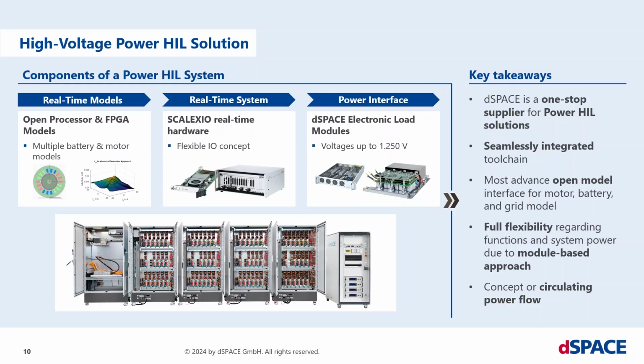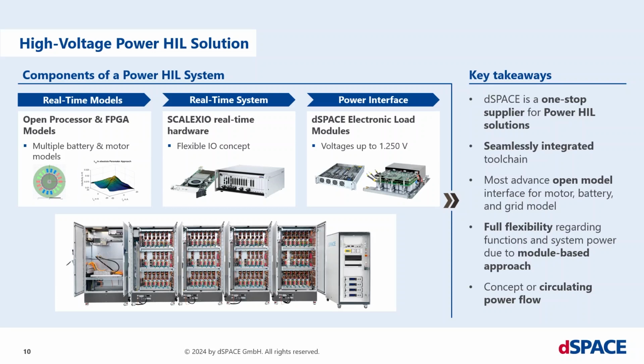Each of these load modules represents one function. One function could be the phase of a grid, the phase of a machine, the plus or the minus pole of a battery.